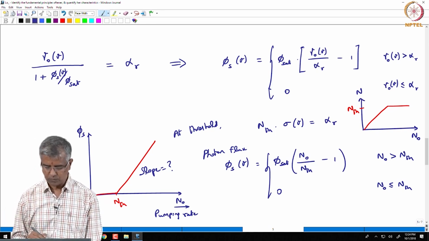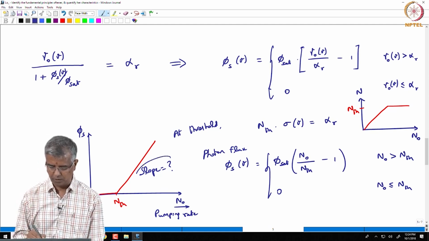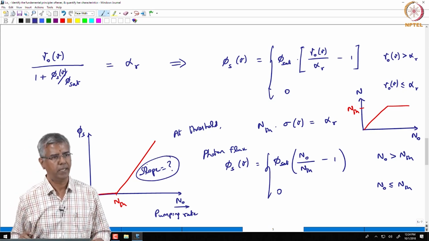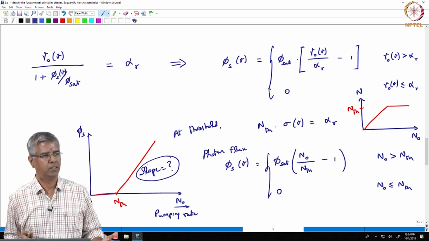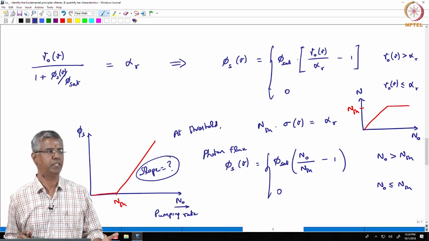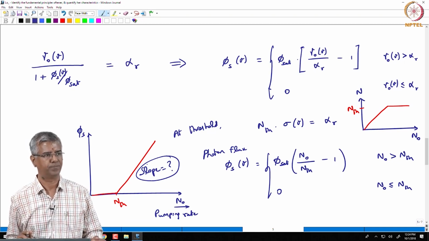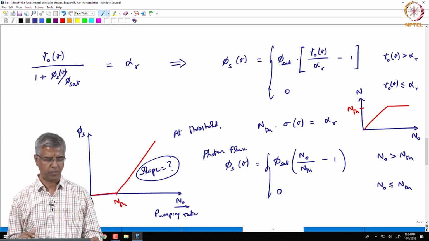So, that is what we are projecting over here, and we stopped at the point of saying, this conversion happens with a particular efficiency, and we wanted to quantify that efficiency, right. So, that is where we stopped.